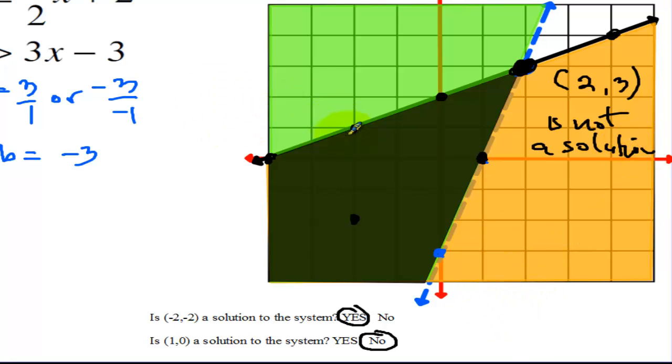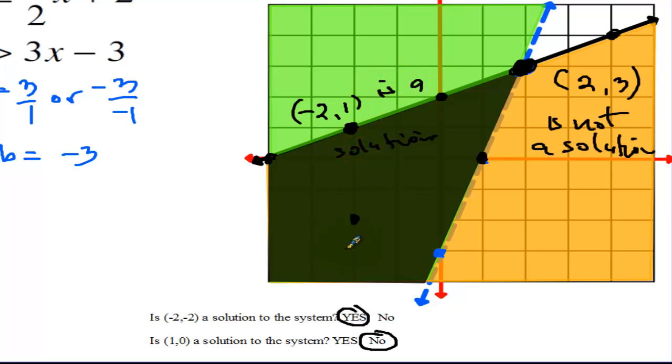But if we choose this point, for example, this point is also on the boundary of this area, but the line where this point is located is a solid line. So we are going to say that this point, which is (-2, 1), is a solution.